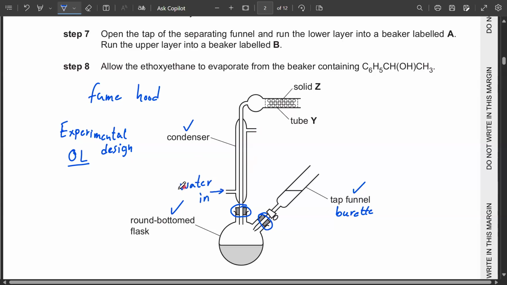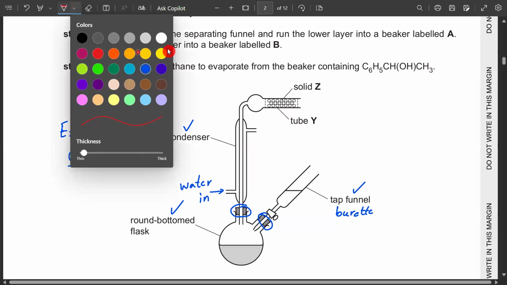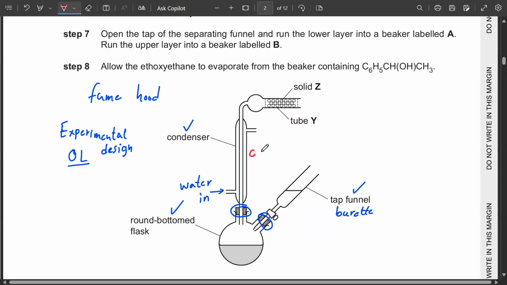What's the reason why we put the water in from the lower side, and not from the upper? The purpose of the condenser is to cool down or condense the vapors inside the condenser. That's the purpose of using the water.